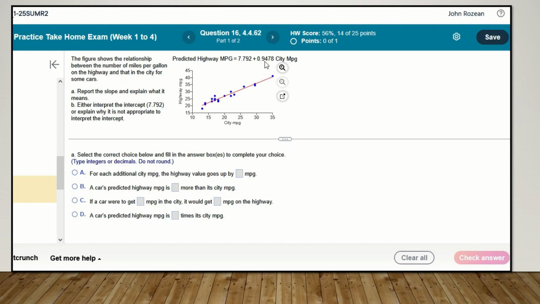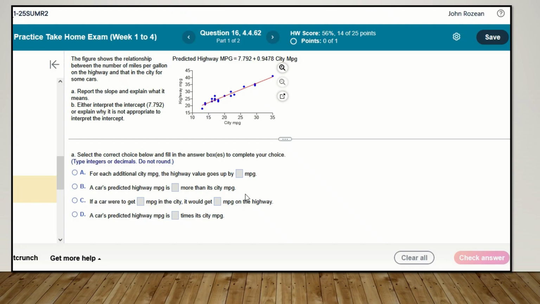So this one was a little confusing earlier. I don't think we want to talk about more than the city. Of course, we get highway mileage is the times the city. That's not true because we got to factor in the y-intercept. For each additional city mileage, the highway value goes up by that many.